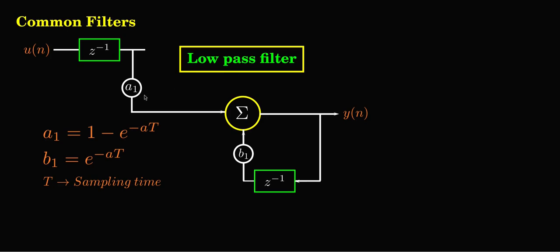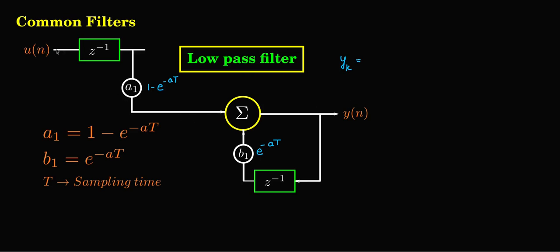So let me mark the values. A1 is 1 minus e to the power of minus aT. B1 is e to the power of minus aT. And now let us write the next state equation. Let us write the equation of y at an instant kT, yk. So yk is nothing but this value.